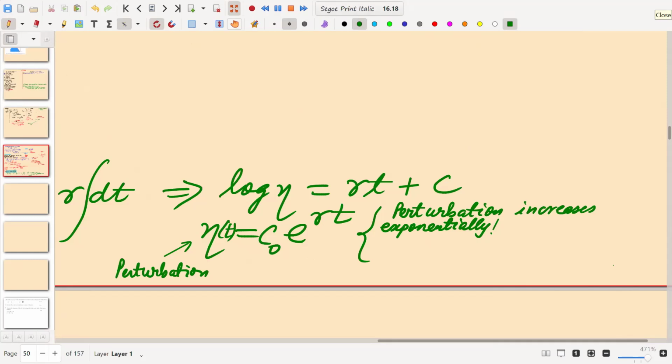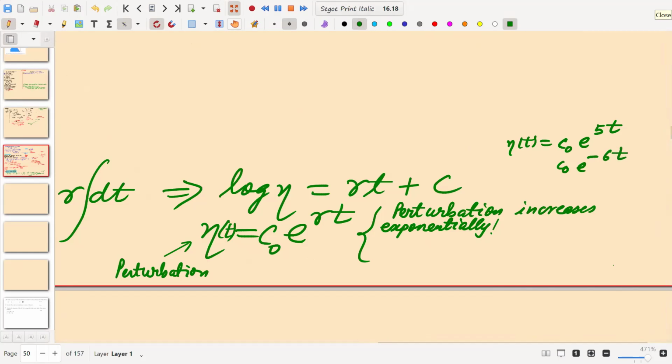But whether it is exponentially increasing or exponentially decreasing, on what does it matter? R. But on what value of R? It matters regarding the sign of R. Is R positive or R negative? Is it eta t equals c naught e to the power 5t, or is it c naught e to the power minus 6t?